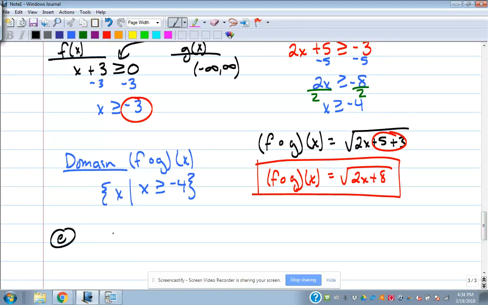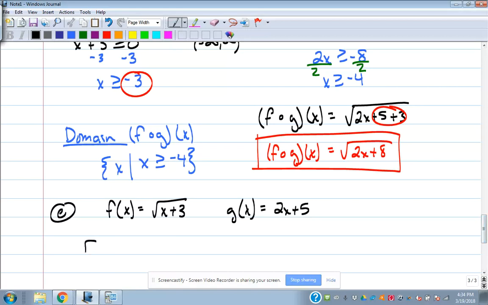All right, so let's take the other direction. Let's find, if f of x is the same function and g of x is the same function, g composed with f of x and the domain.